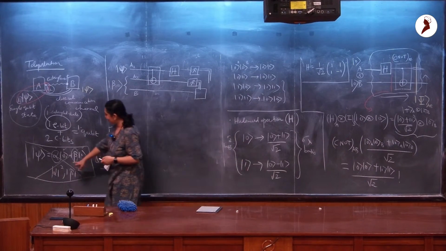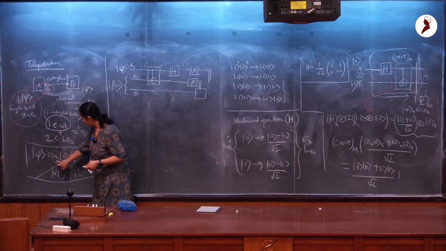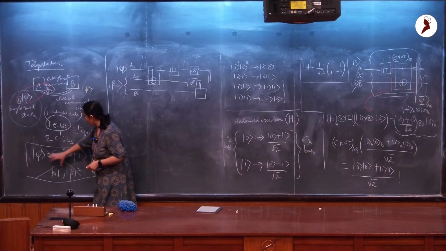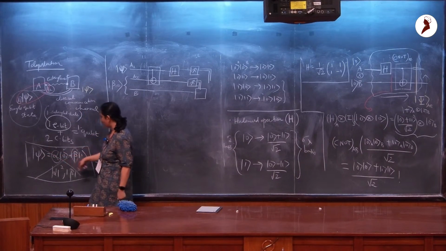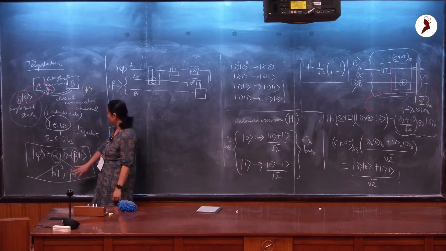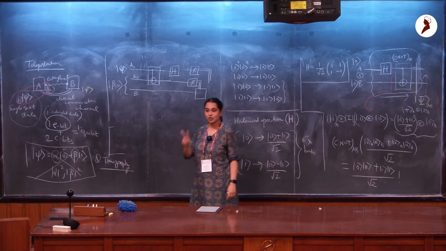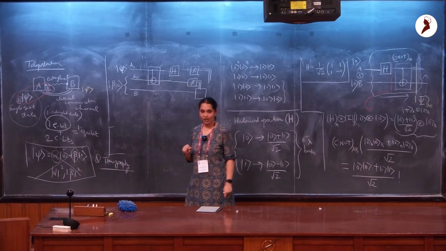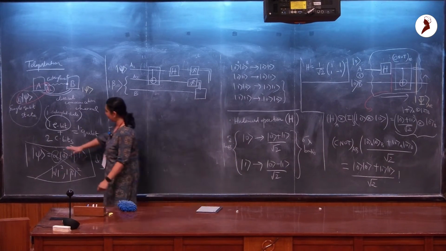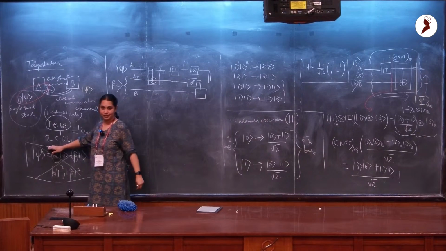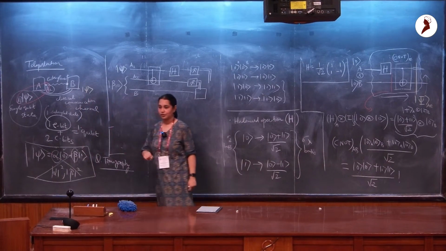It is a pair of complex numbers. You can of course simplify this: it's a normalized state, so mod alpha squared plus mod beta squared is 1, and you can bring this down to 2 real parameters. But it's 2 real numbers which have to be communicated. So the complexity of that is typically much larger than just communicating a pair of classical bits, which is all that has to happen in the teleportation scheme.